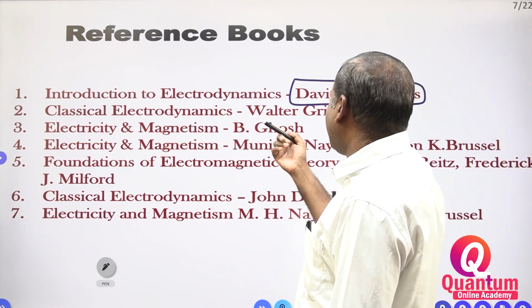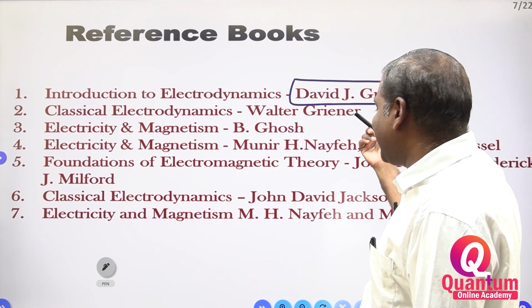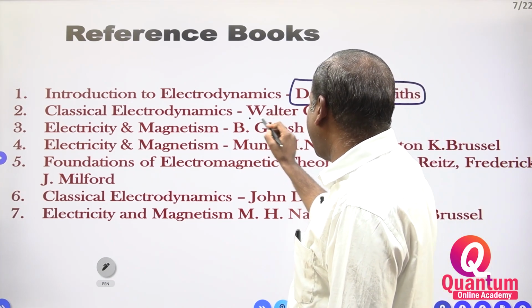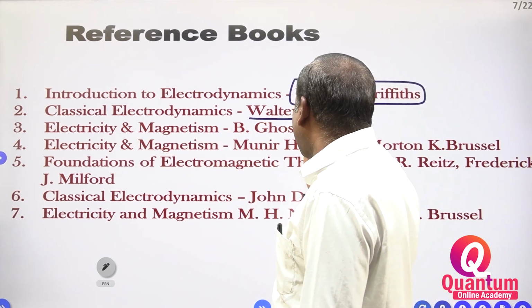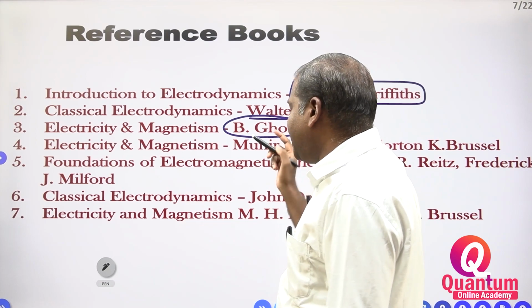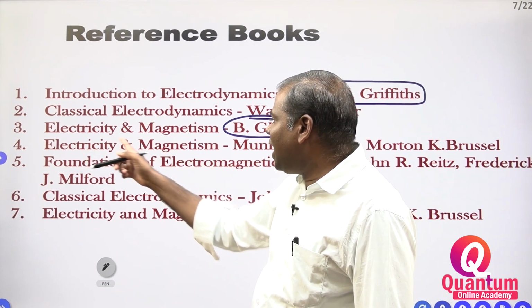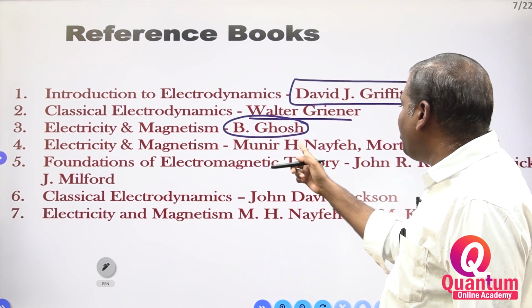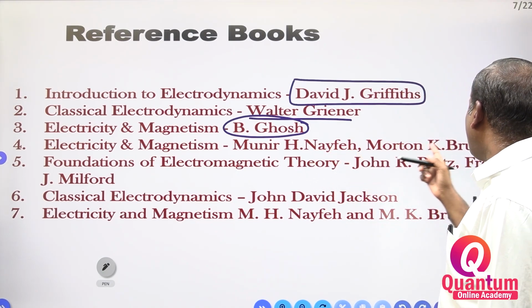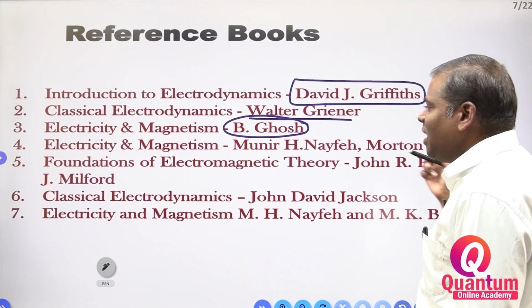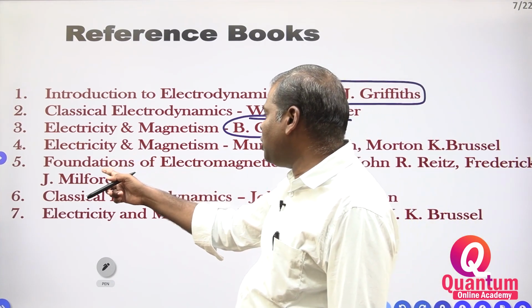Next, Classical Electrodynamics, Walter Greiner. This book is also very nice. And Electricity and Magnetism, B. B. Laud, Professor at IIT Bombay. Electricity and Magnetism, Munir H. Nayfeh, Morton K. Brussel. This book also very nice book.